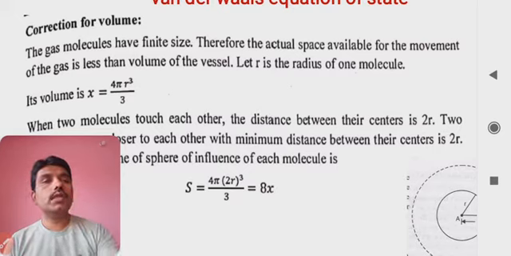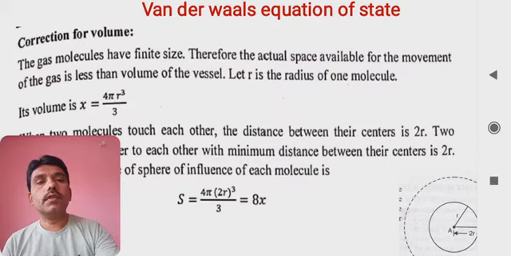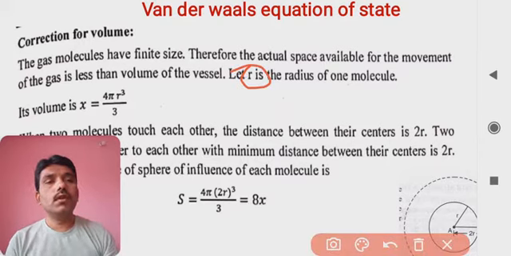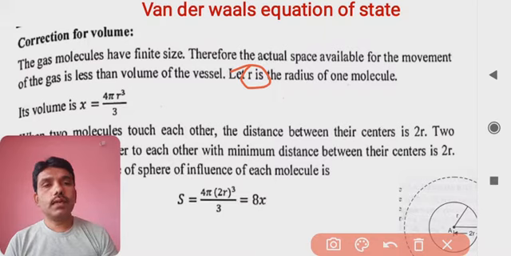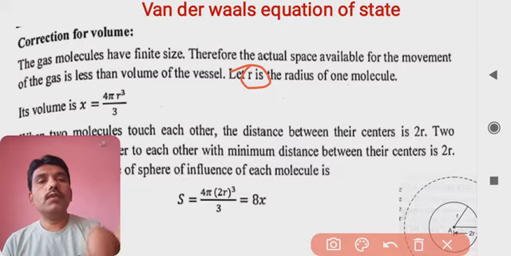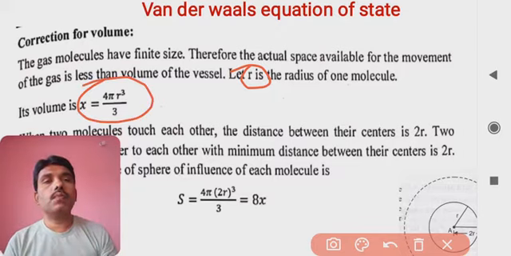Let r be the radius of the gas molecule; the expansion that comes under the sphere of influence of the gas molecule matters. So suppose r is the radius of one molecule, and its volume, as it is spherical, is 4 pi r cubed by 3.